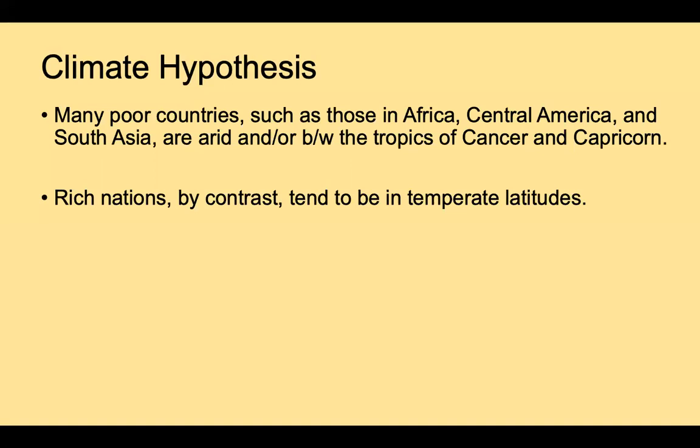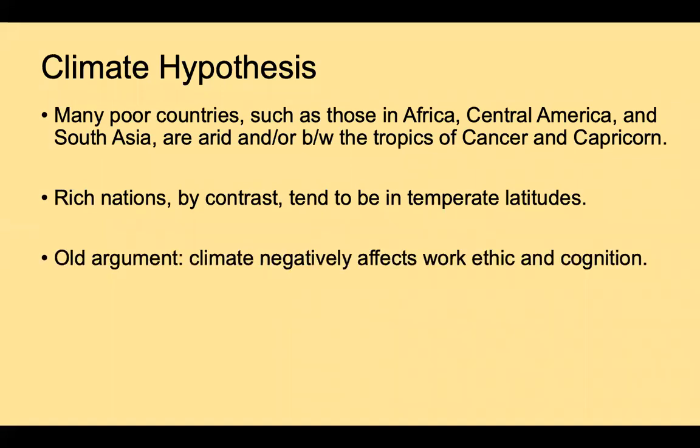And this distinction is one that's often been invoked when people talk about the tendency that they claim exists among people in hot climates to be lazy and have a poor work ethic, or to be affected by the hot climate.